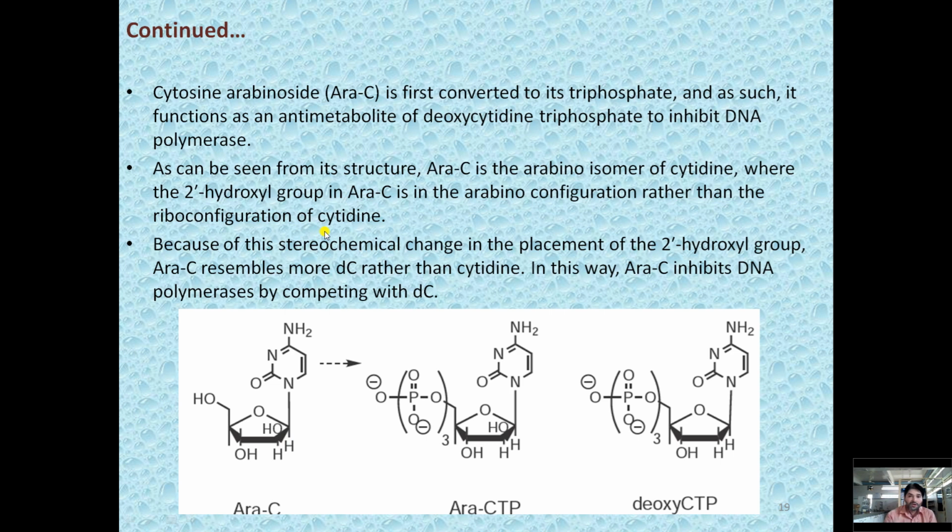Okay. So, due to this stereochemical change in the placement of the 2' hydroxy group, cytosine arabinoside resembles deoxycytidine more than cytidine. In this way, cytosine arabinoside inhibits DNA polymerase by competing with deoxycytidine.